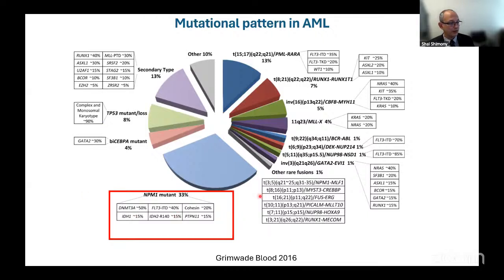And from this work by Greenway 2016 as well, you can see that a third of the patients with AML harbor an NPM1 mutation. And I would say that NPM1 in younger patients is probably the most common mutation, and it lowers a bit with age, but it is still a very common mutation that we see with AML.